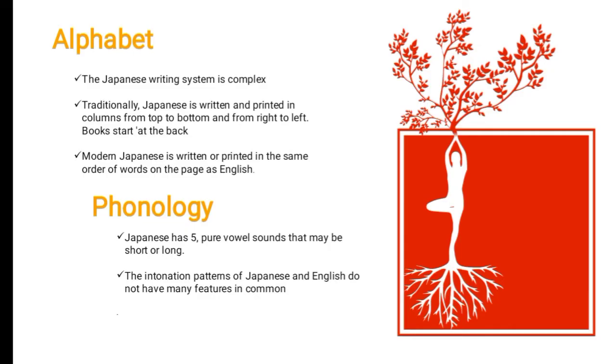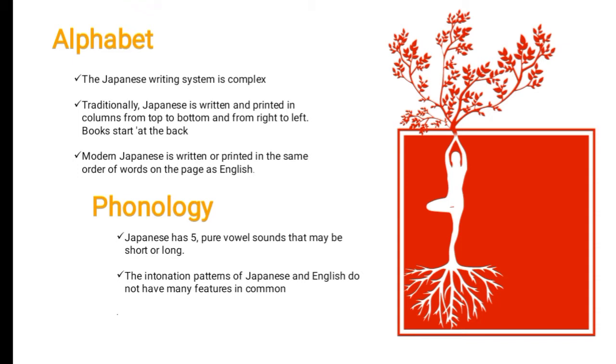Okay, the next is alphabet. The Japanese writing system is complex. What does it mean? It uses three main scripts. The first is kanji, characters of Chinese origin, then hiragana, and katakana. Modern Japanese also uses the Latin script in advertising.